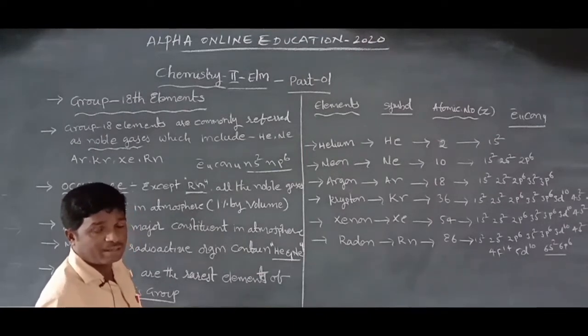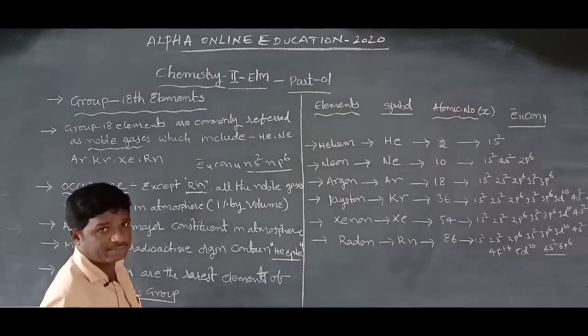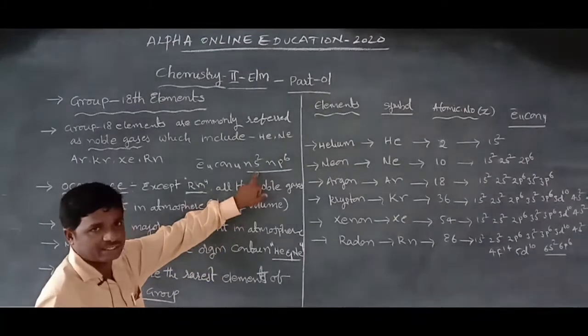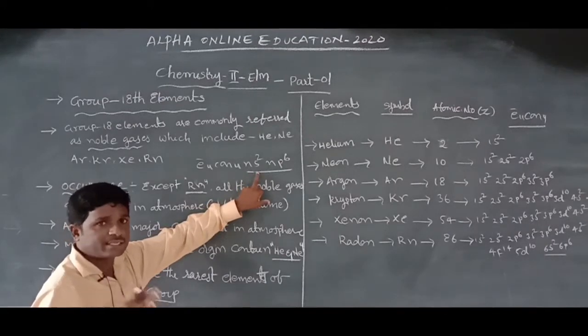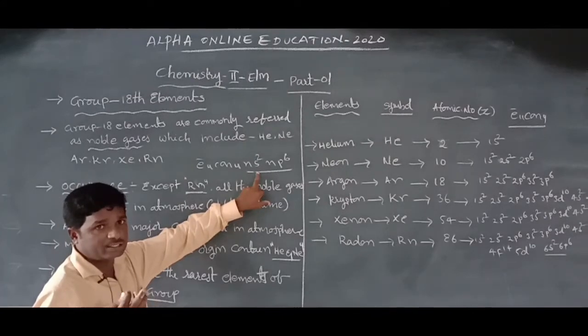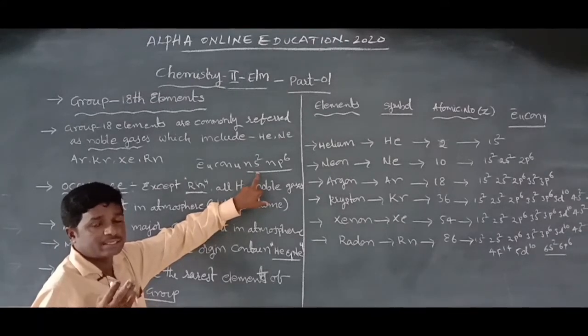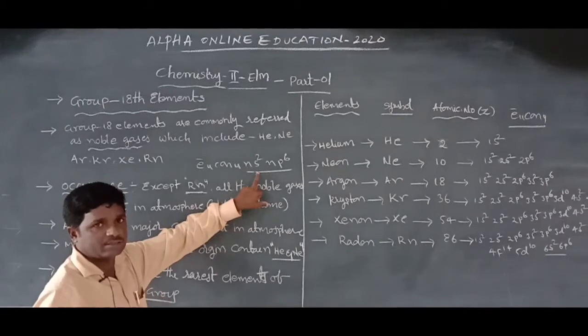Except helium, all elements have the ns2 np6 electron configuration. Octet means 8 electrons in the outermost shell.